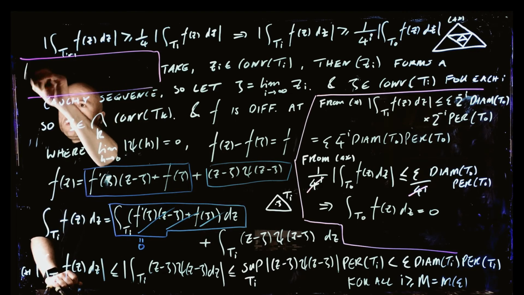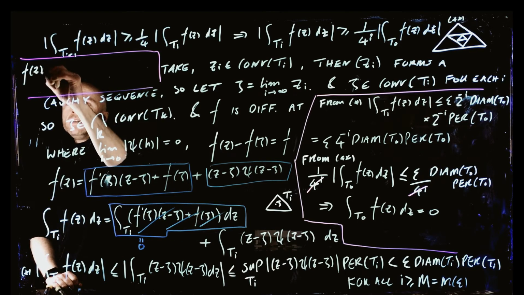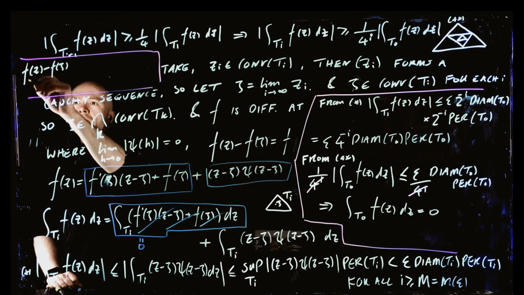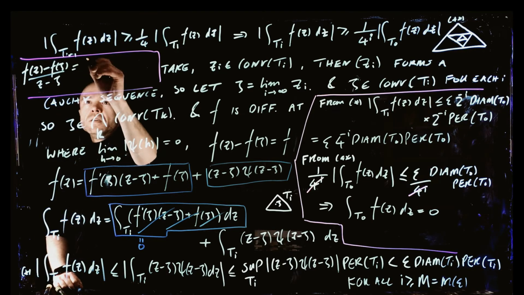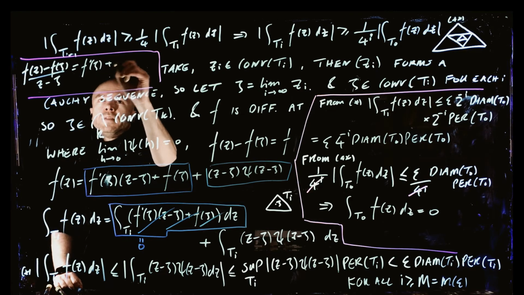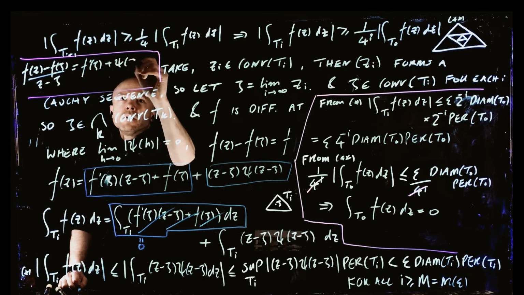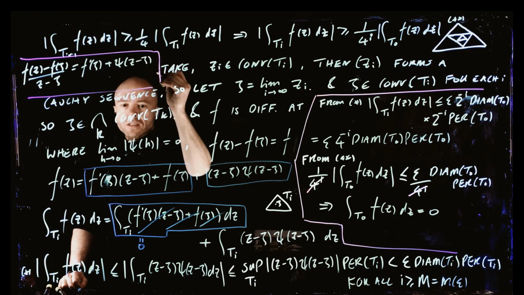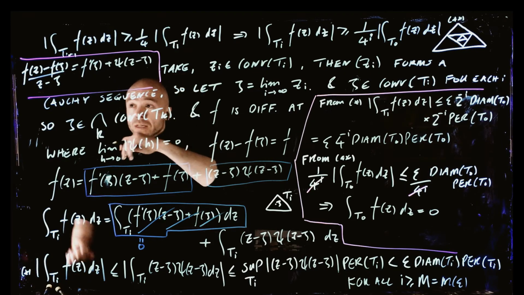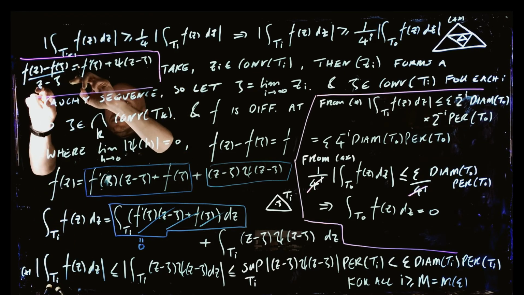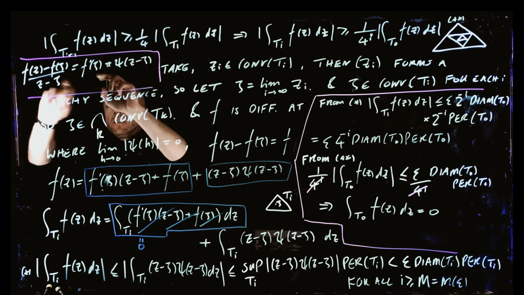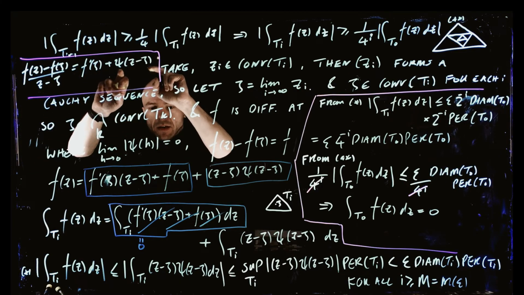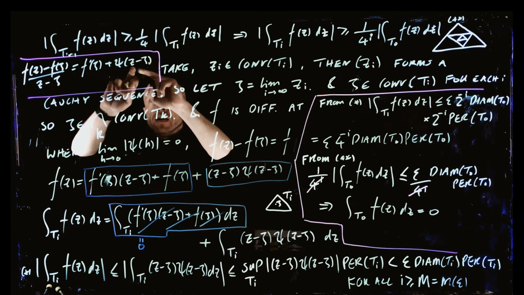Differentiability, written like this: f of z minus f of zeta over z minus zeta is f prime of zeta plus this thing, which is the error, phi. By the definition of differentiability, as z goes to zeta, this tends to f prime of zeta, which is exactly saying that phi tends to 0 as z approaches zeta.